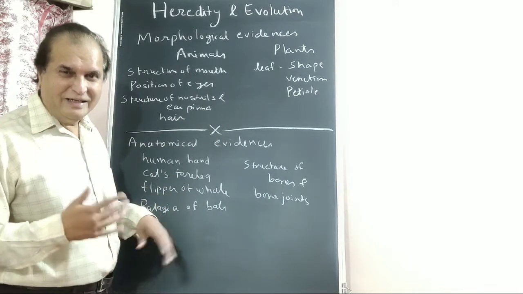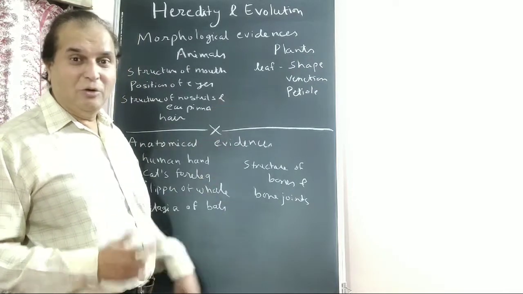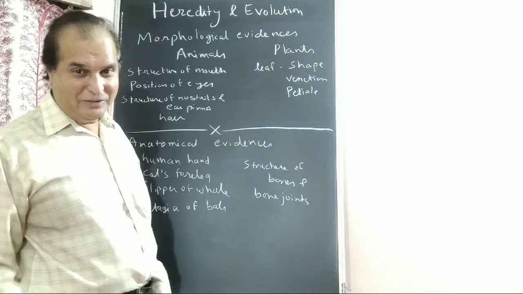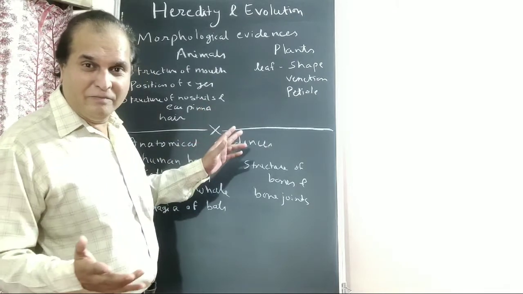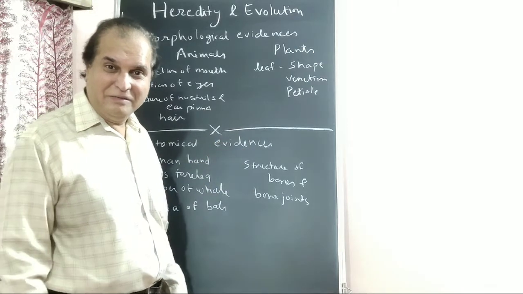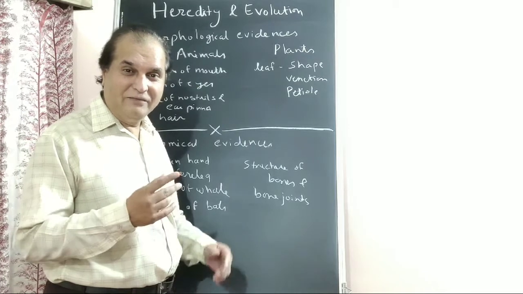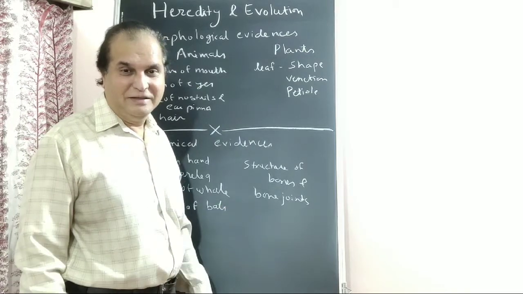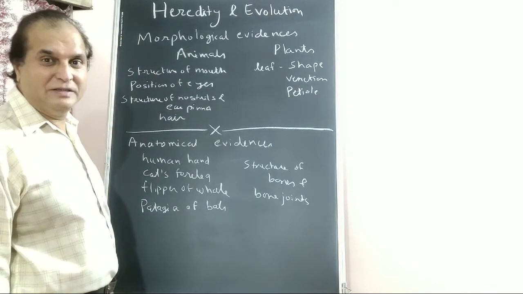Venations, yeah, there are differences, parallel, reticulate, but still. Petioles, all leaves have petioles. What does this indicate? Common ancestry. The ancestor was common, and from there variations took place. This is morphological evidence.